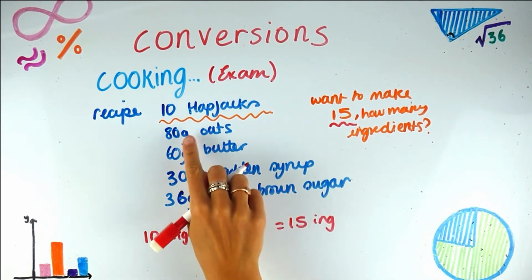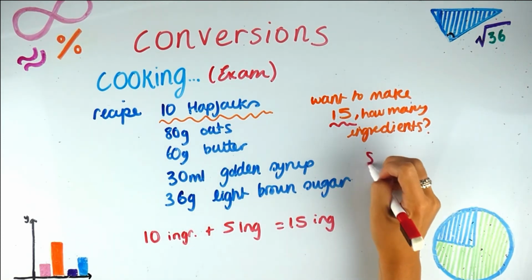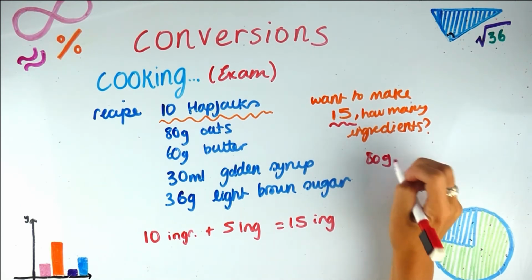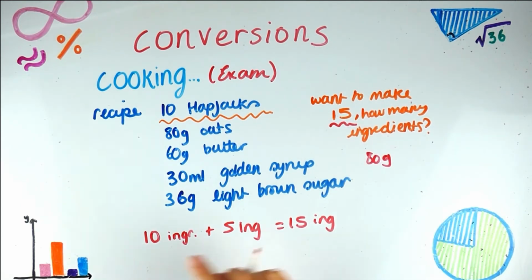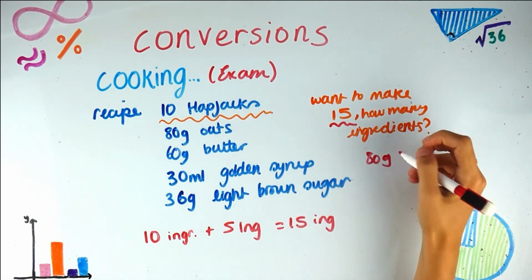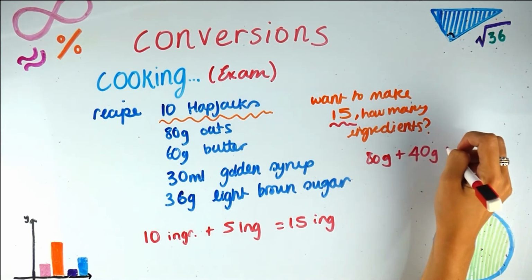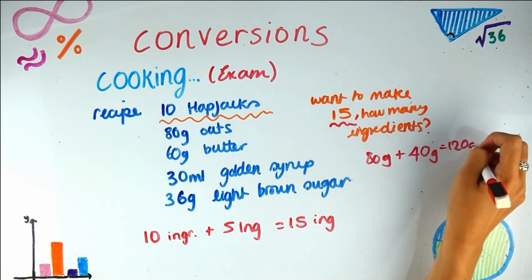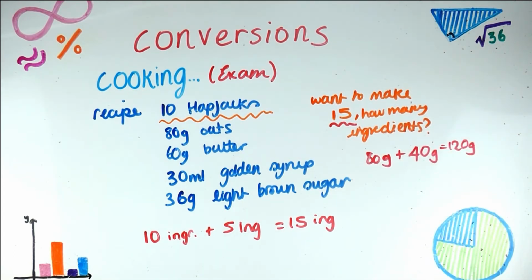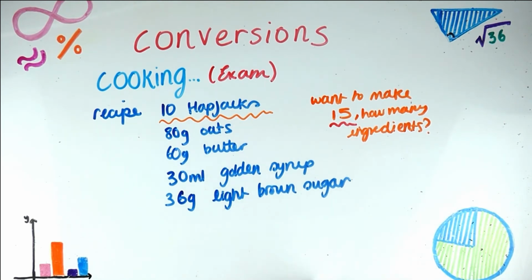So for example, if I had 80 grams of oats in 10 flapjacks, I would add how many I'd need for 5, which would be half of that, 40 grams of oats. And I know I need 120 grams of oats for 15. So that is a perfectly legit way. I definitely use that way.